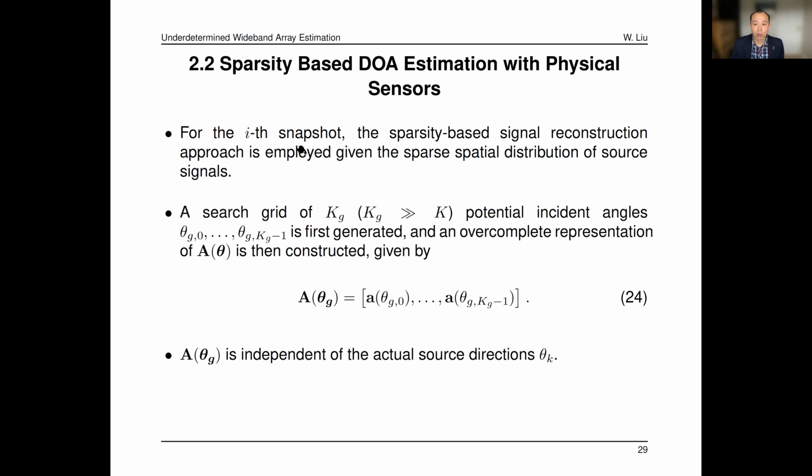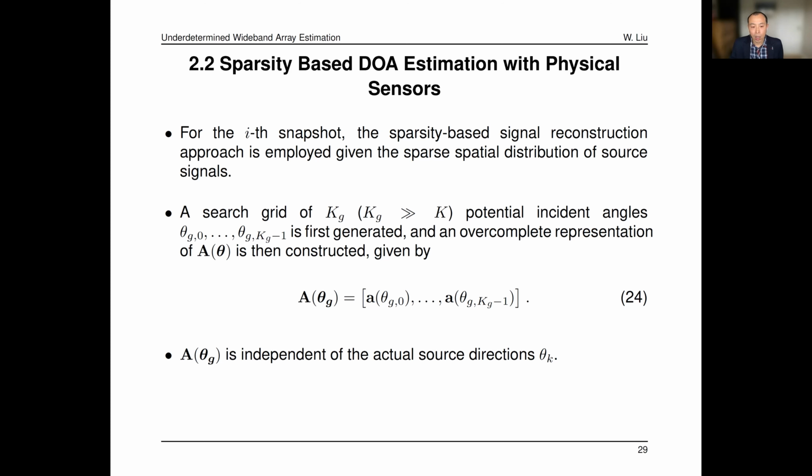But for one snapshot, the approach is that we construct an overcomplete dictionary-based steering matrix. We generate a search grid of Kg potential incident angles, a very big value, Kg much larger than K. For this linear array, it can be from minus 90 degrees to 90 degrees.